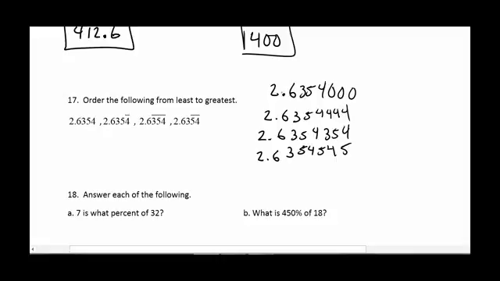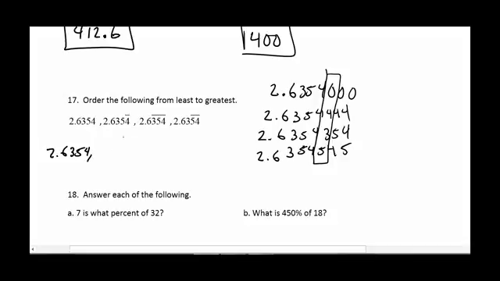Okay, so notice everybody's the same up until right there, and that position tells me who's the smallest, the biggest, etc. So the first number is 2.6354. That's the smallest. And then I see where the 3 comes in.